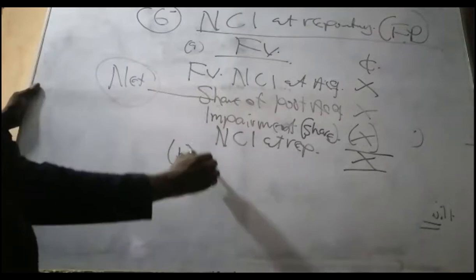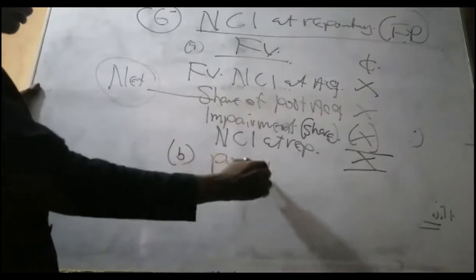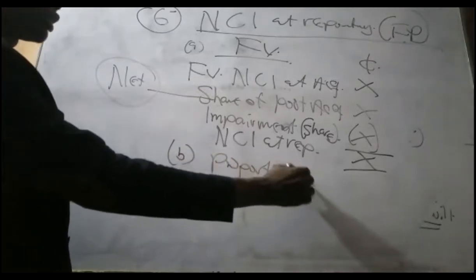What if you are using what we call the proportionate interest method? Let's do the proportionate interest method, because we said there are two ways of valuing NCI: fair value or proportionate interest method. If you are using the fair value, this is how it will be. Proportionate interest method is straightforward.